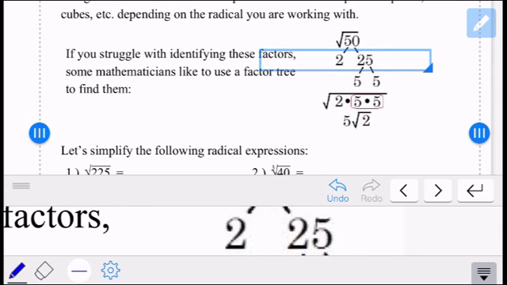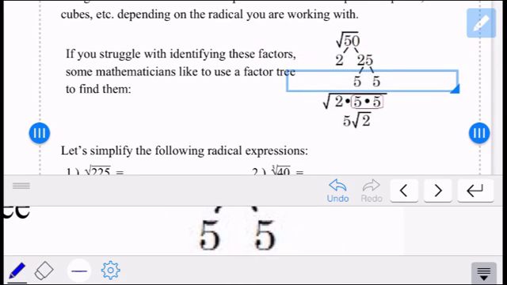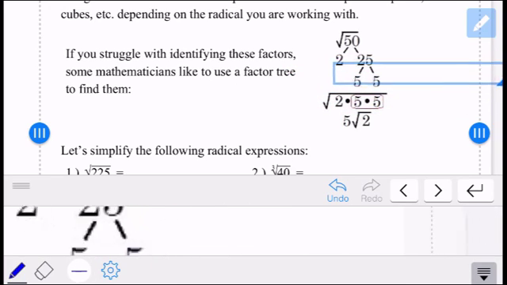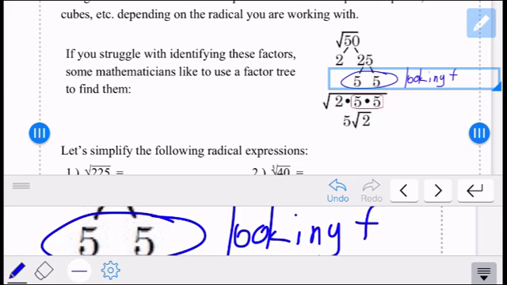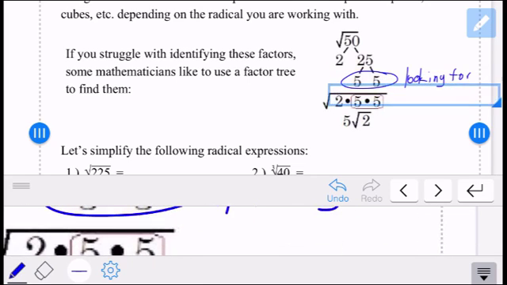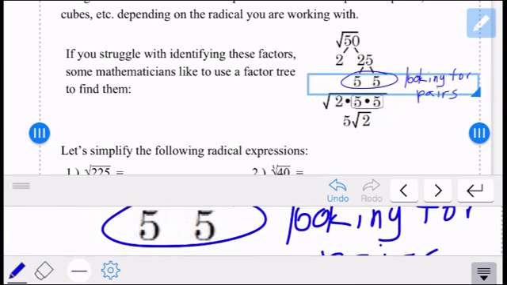Well, 2 and 25 are factors. And then you can think 25, well, 25 is 5 and 5. What you're looking for here are pairs. Well, 5 and 5 is a pair.